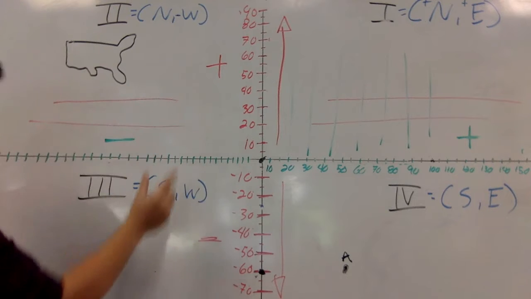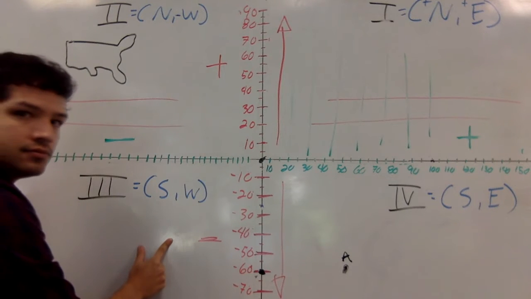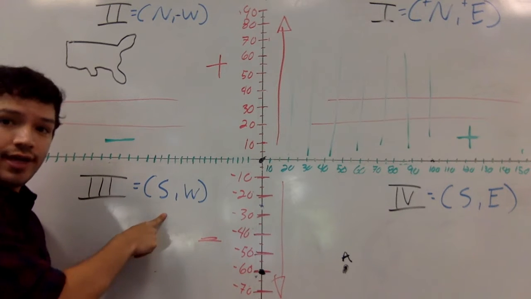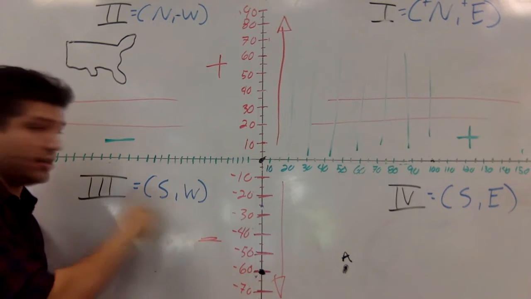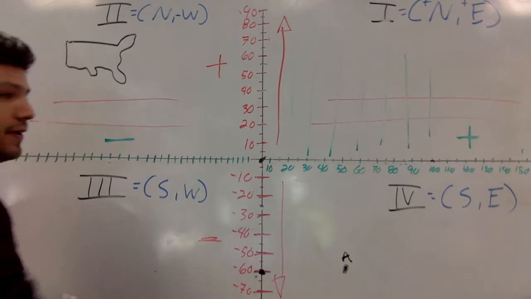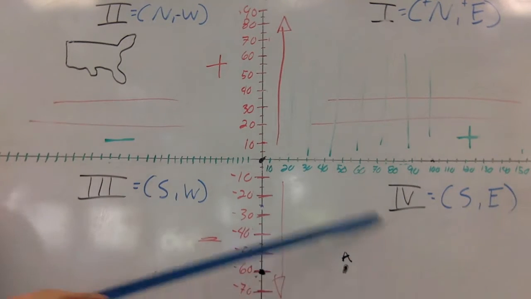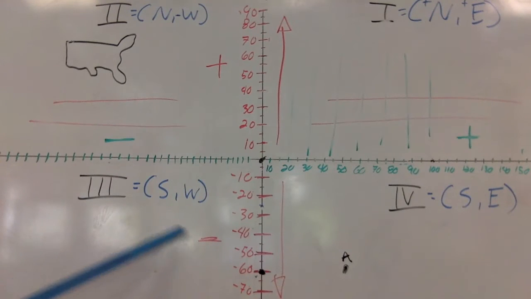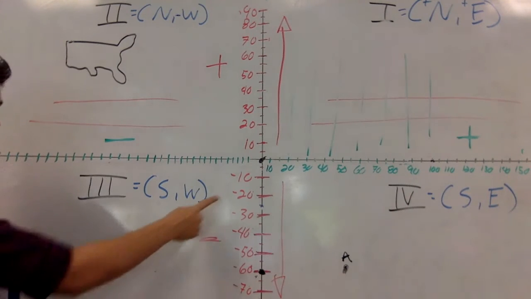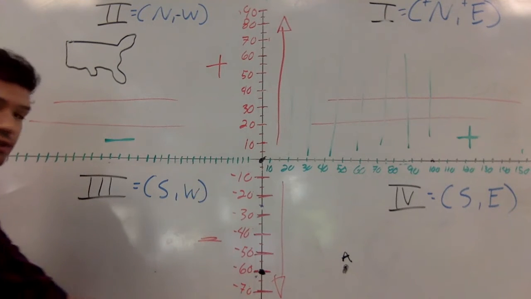So if I go below that, now I'm in the southern hemisphere, hemisphere meaning half of the earth. So pretend we're looking at the map of the earth right now. Anything below here in the southern hemisphere is going to be these negative numbers.